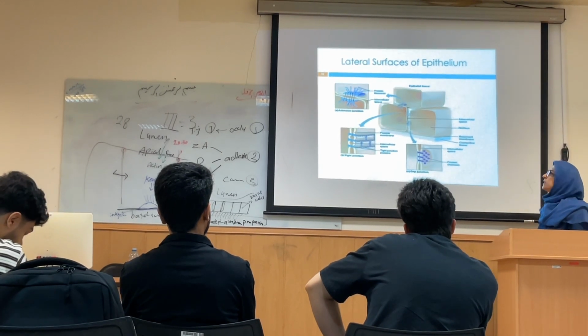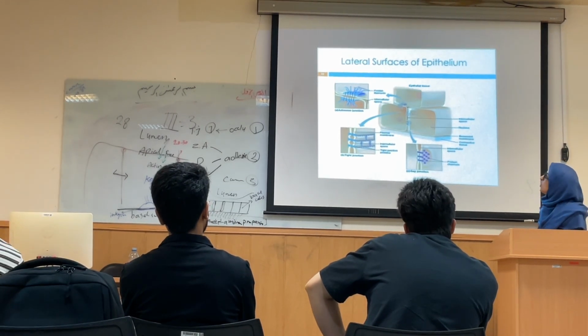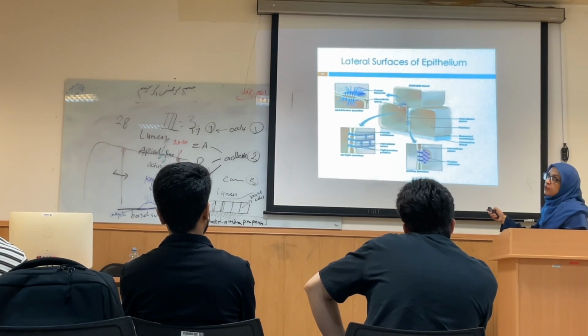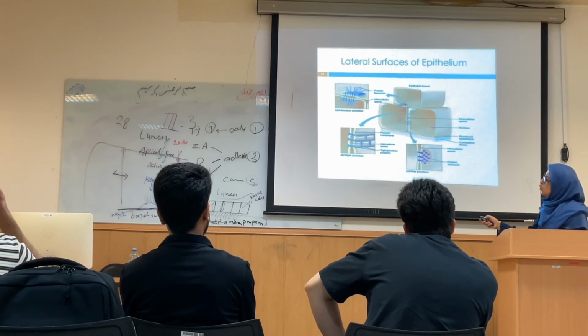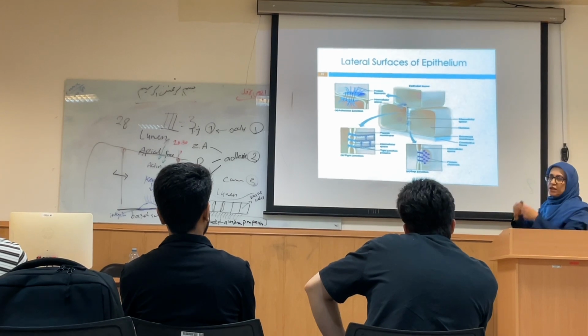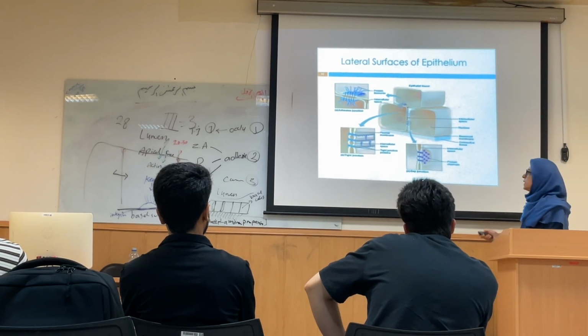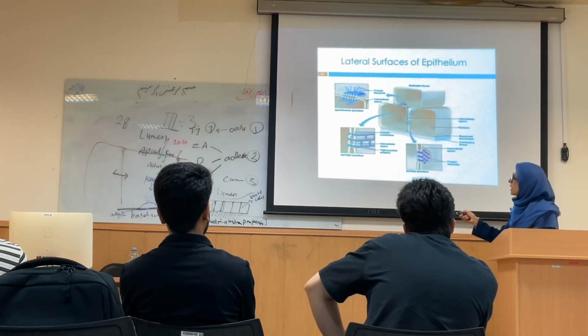Briefly, the junctions in the lateral surface. The occluding junction or tight junction: two cell membranes are joined together point by point. You cannot separate them.